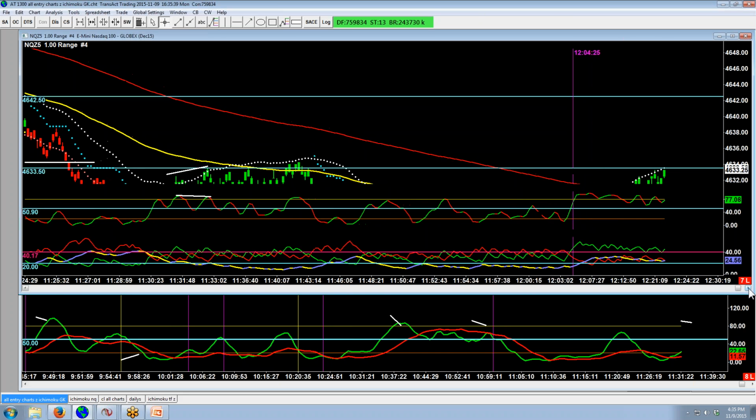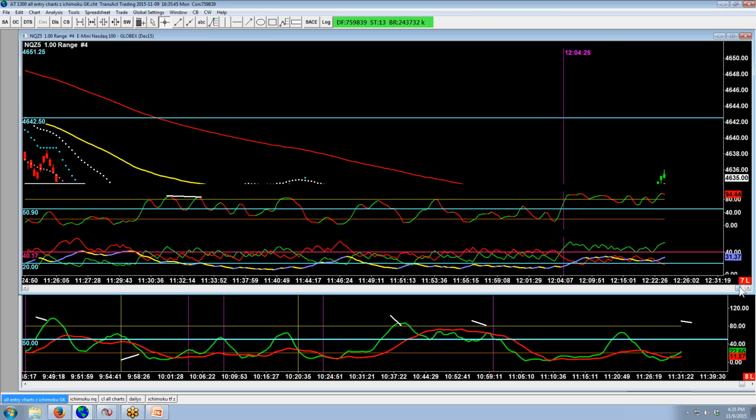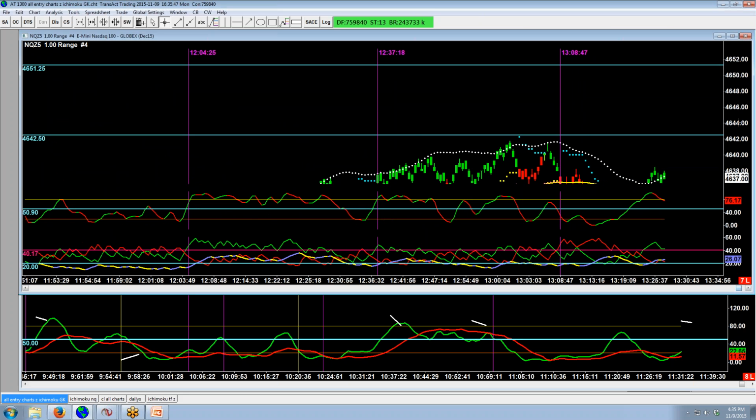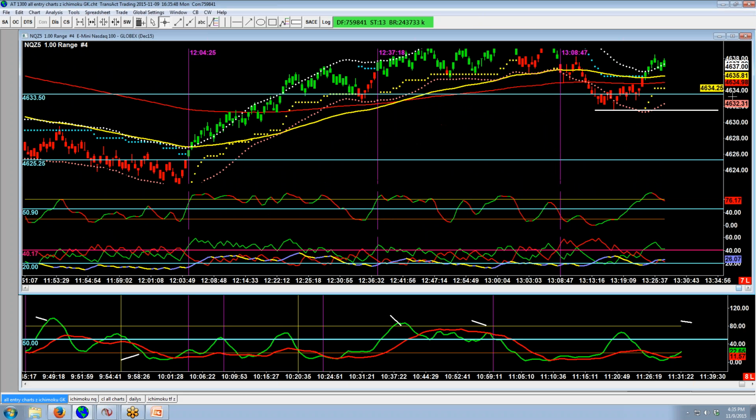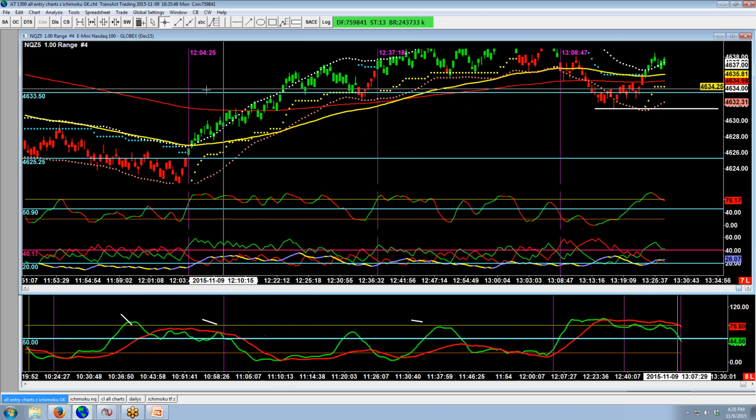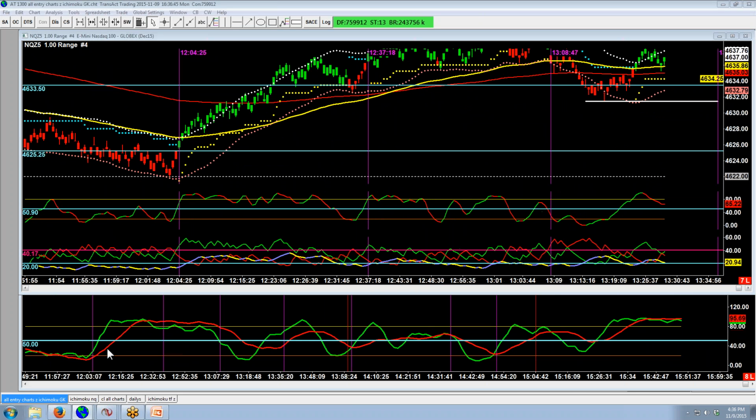So let me just get to the left here pretty quickly, or hopefully pretty quickly. So here at 12:04, you can see right at that time we were just coming out of oversold on that, and it looks like we were still in, but I was actually in front of the computer at that time and we were actually coming out of oversold.